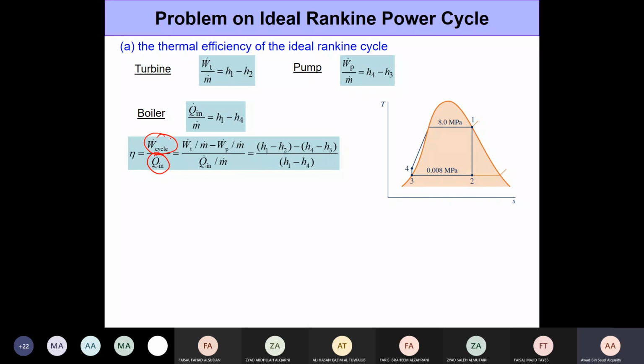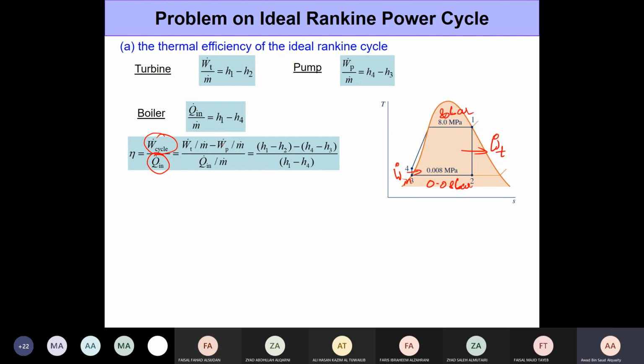Now, when we talk about the net work output, we are producing some work output in the turbine, certainly. But we need to provide some work input to the pump, right? To pump the liquid, the water, from a pressure of 0.08 bar, or 0.008 MPa, to 80 bar. We need to pressurize it.